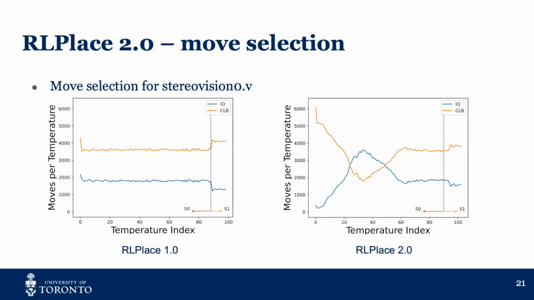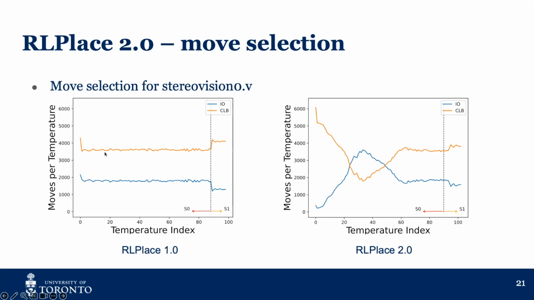To compare what would be happening inside the agent for RLPlace 1 compared to RLPlace 2, let's see this graph, which is showing the number of moves that are trying to move a CLB block, or IO blocks, throughout the different annealing temperatures for stereo vision 0, which is one of the VTR benchmarks that only has IO and CLB blocks.